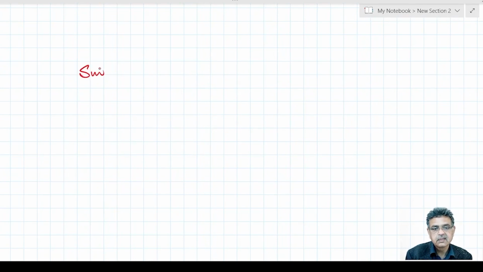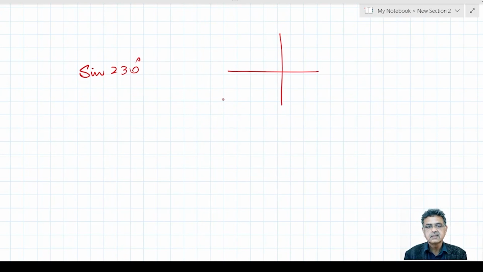Now sine 230 degrees, is it positive or negative? How will we decide? We'll consider it on a grid. Where is this angle? It is 180 plus 50.